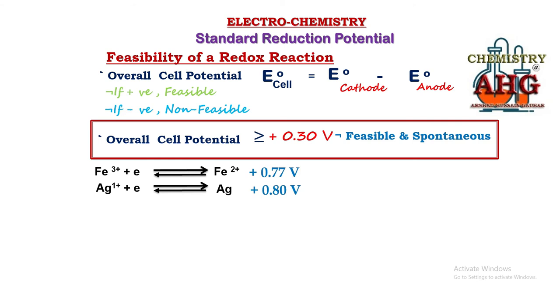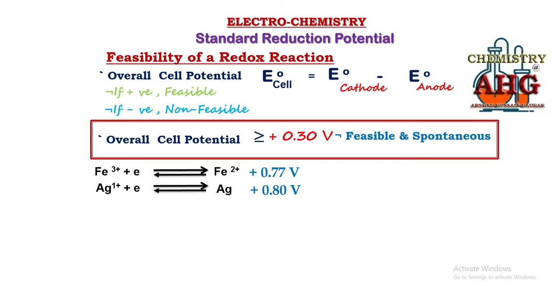For these two half cells, if you want to get a feasible reaction, you must carry out reduction in the half cell whose reduction potential is greater mathematically. So mathematically you can see the reduction potential of the silver half cell is greater, so we must make the silver half cell the cathode where reduction must take place, while the iron half cell must act as the anode.